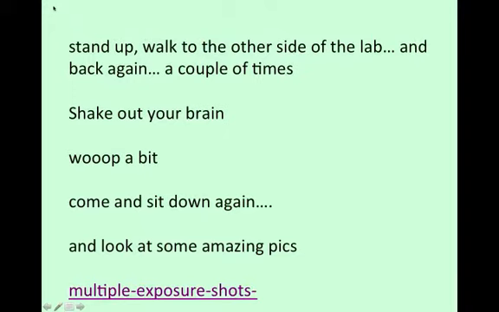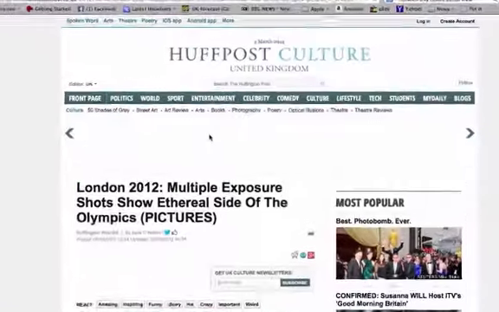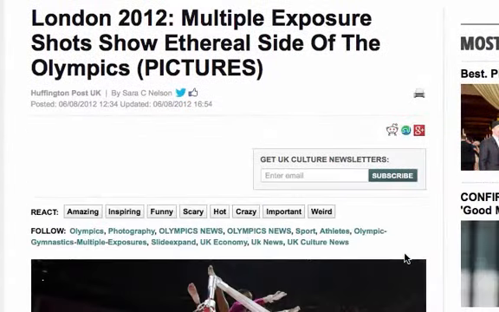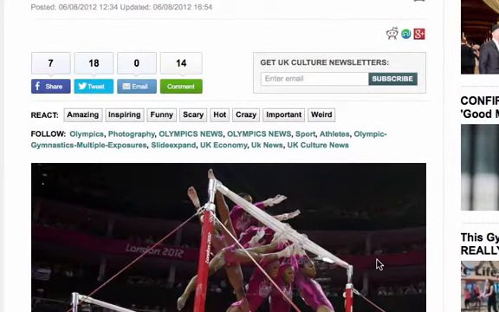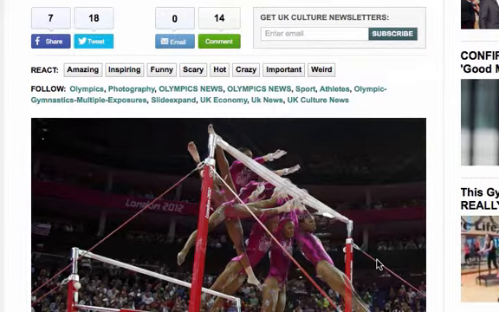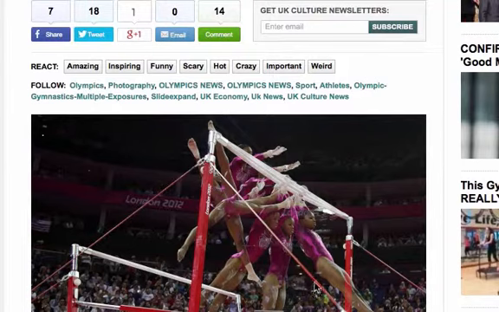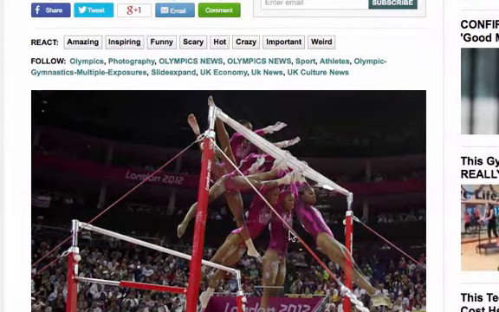What I asked everyone to do when I taught this last time was to take a bit of a break here, walk around and then come back and look at these. If we scroll down, you can see here a gymnast, and what they've done is multiple exposure shots of a gymnast, so you can see her all over the place because actually she's swinging on a bar.